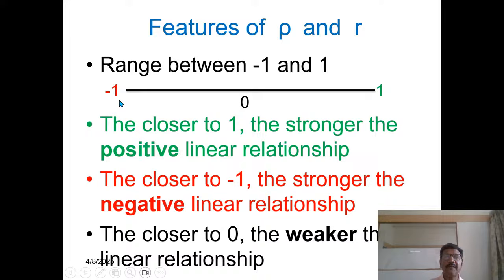For any model building purpose, the rho and r values should be near -1 or +1. Generally, what we are doing here: from 0 to -0.5 and 0 to +0.5, this much range is neglected.